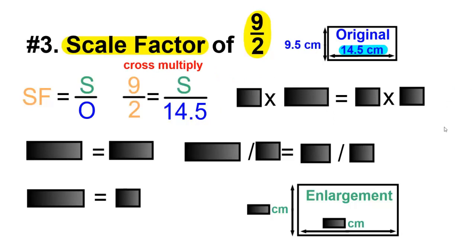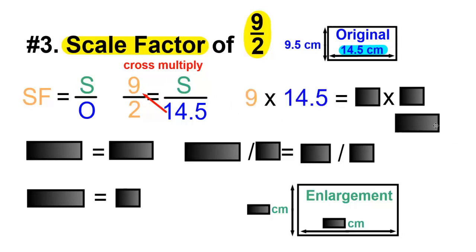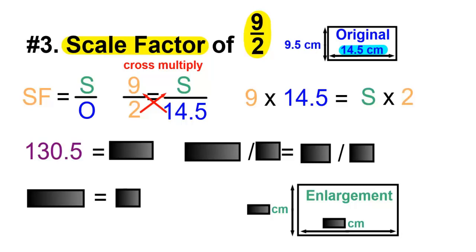This time we'll solve by using cross multiplication. So we'll start with 9 times 14.5. And on the other side, we have s times 2. 9 times 14.5 is 130.5. And s times 2 is 2s.